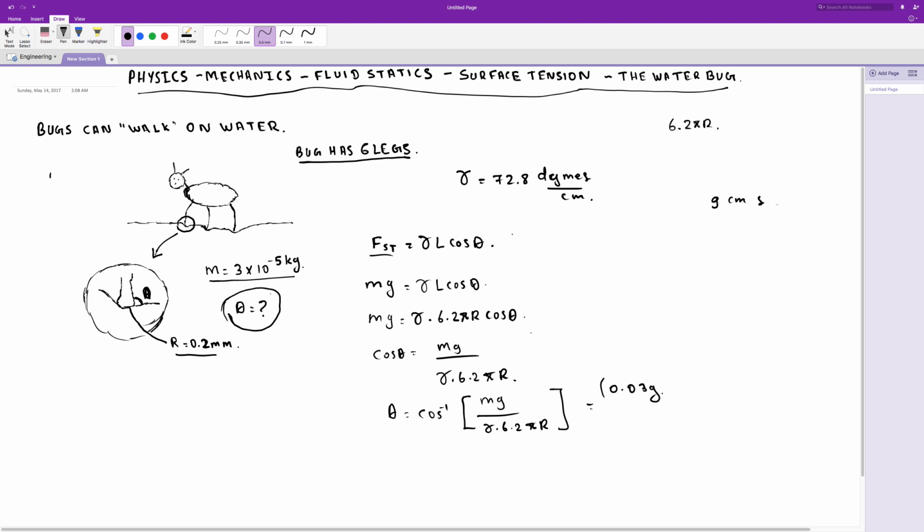And the gravitational acceleration is going to be equal to 9.81 meter per second squared, and if I convert into centimeter, that's going to be 980 centimeter per second squared, over gamma, that is 72.8 dynes per centimeter.